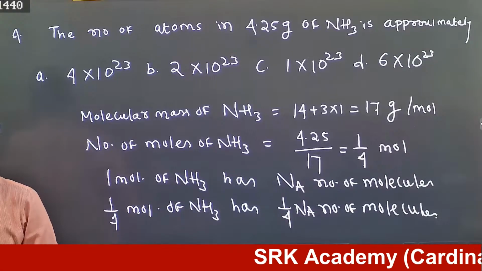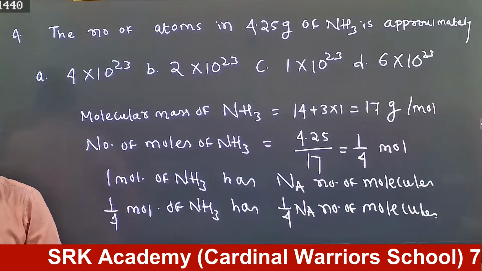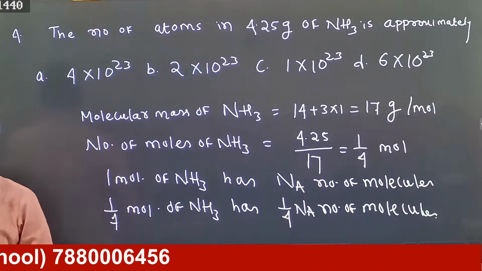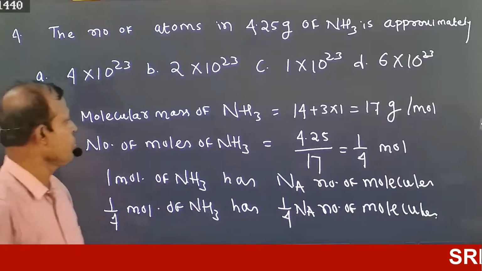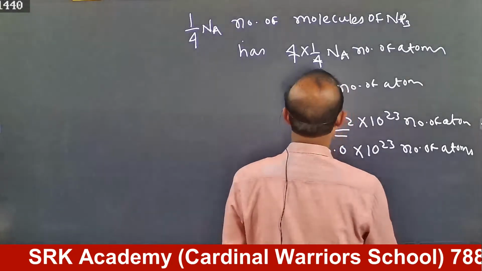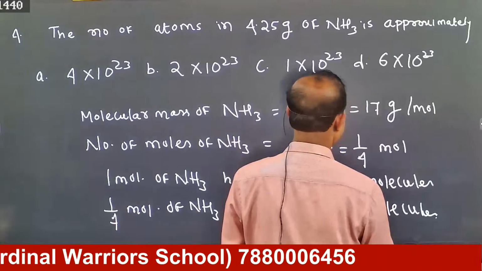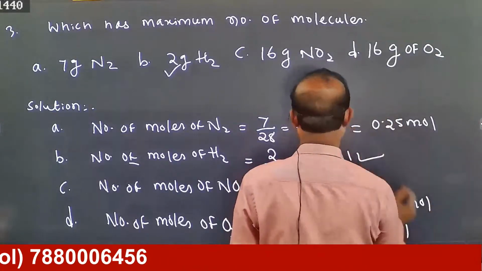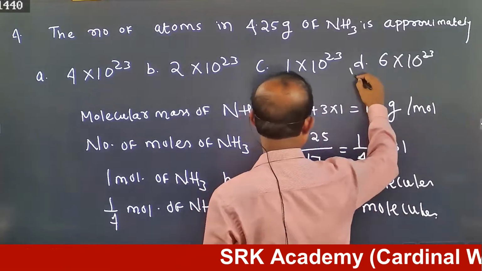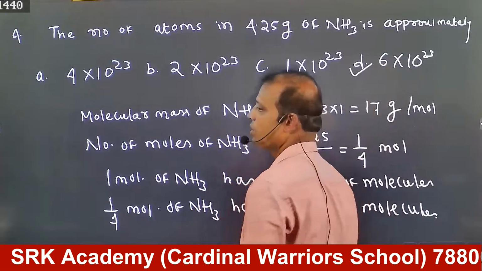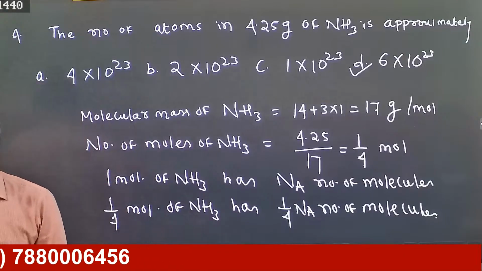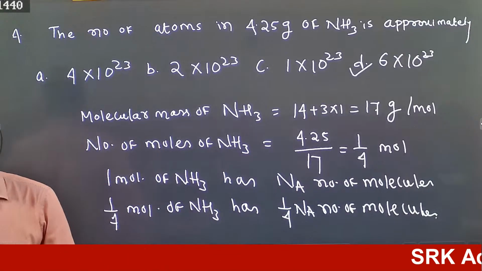Na means 6.022 into 10 to the power 23, and that is very close to 6.0. So which one is the right option? This is 6 into 10 to the power 23. How many of you have understood this one? Clear?